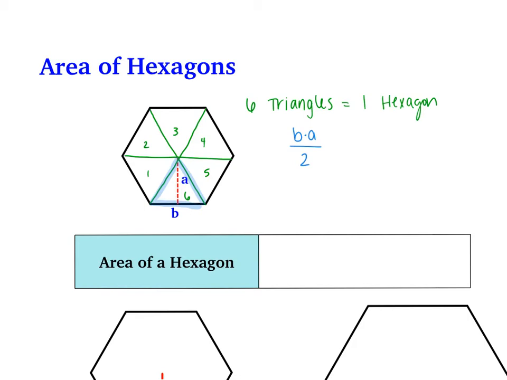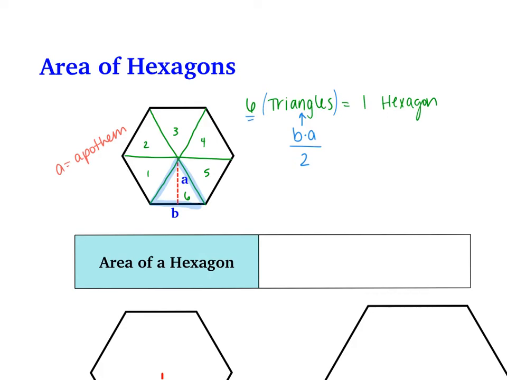You'll notice I'm using the letter A. A stands for the word apothem. And it's not the height, because the height of the hexagon would go all the way up to the top. So in a way, an apothem is almost like a radius for a hexagon. But here it would be the height of one individual triangle. So that would be, for one triangle, base times apothem divided by 2.